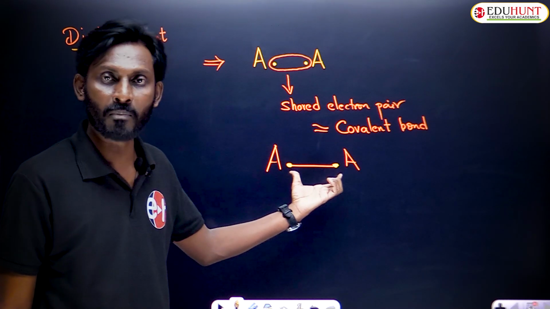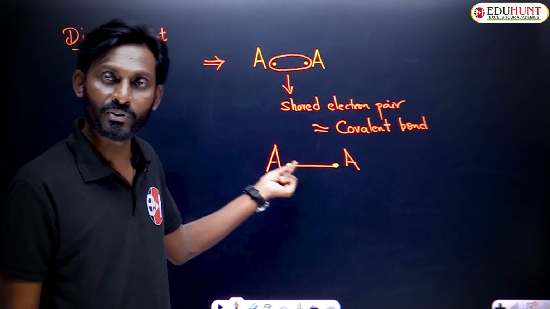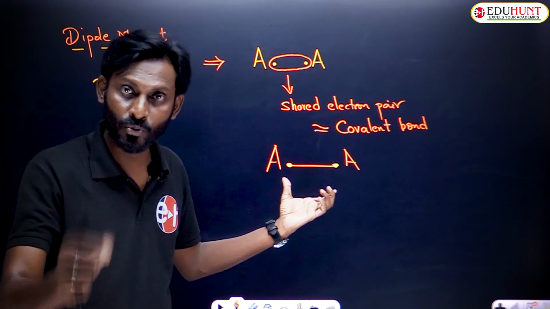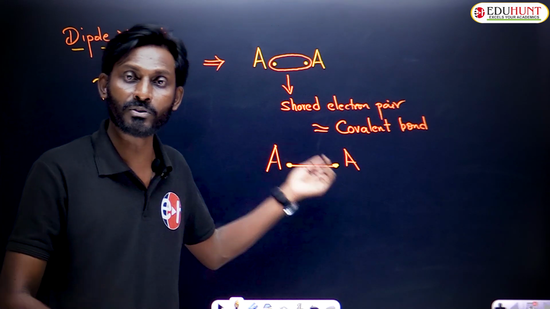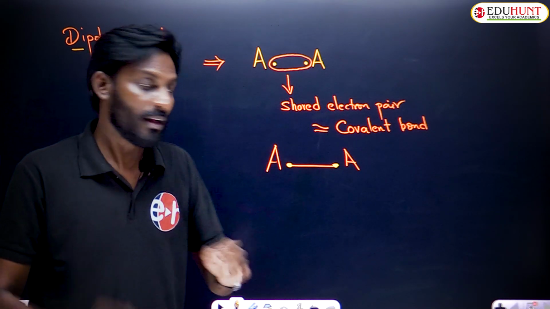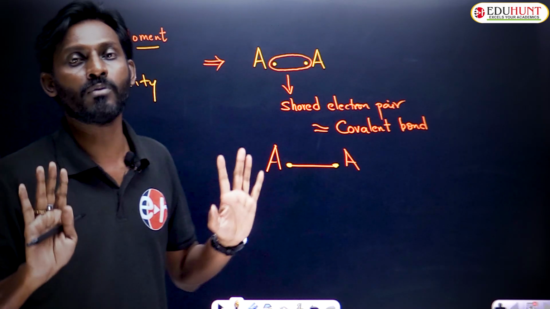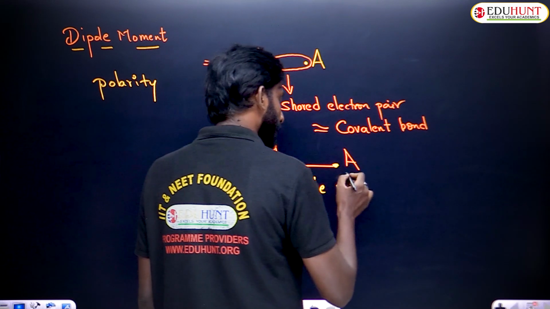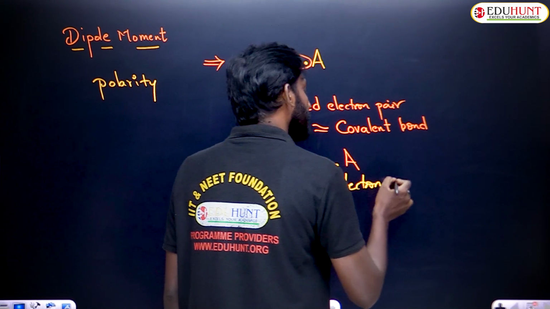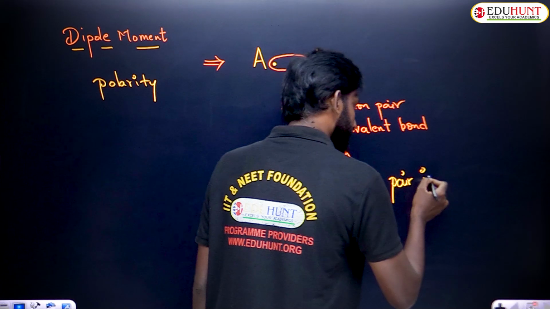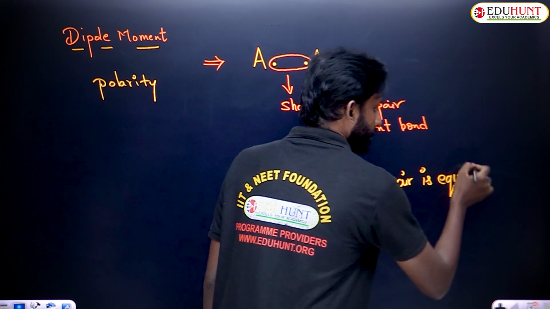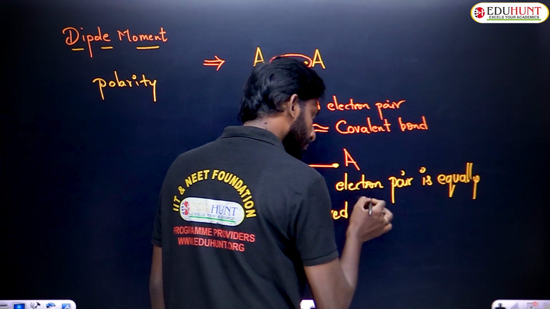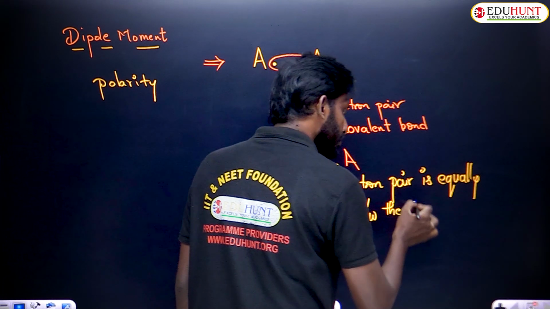Both atoms have equal contribution. How is this pair formed? One electron contributed by this atom and another by this atom. This pair is formed by the contribution of both atoms, and now it is shared equally by both atoms. Why is the electron pair equally shared between the two atoms?